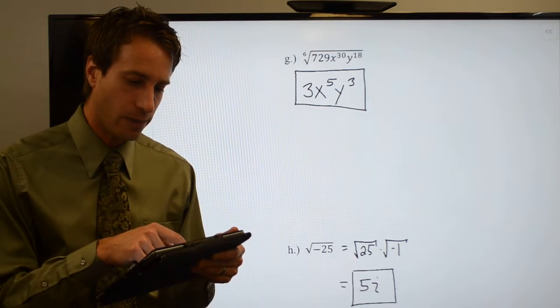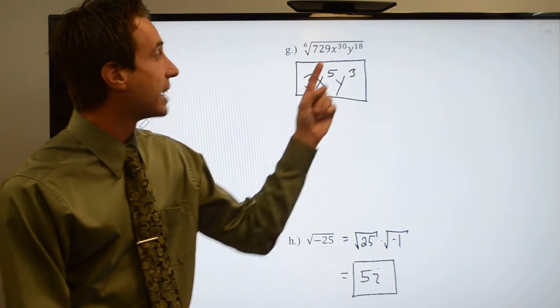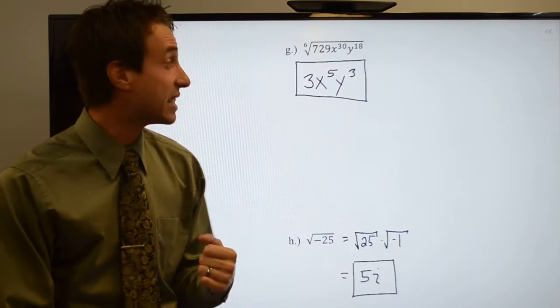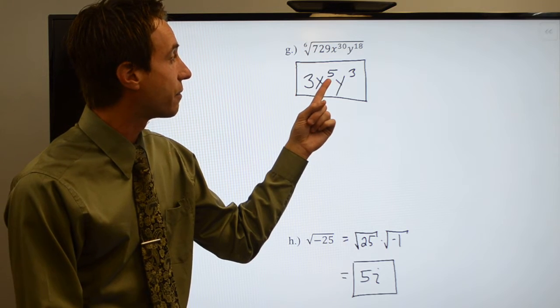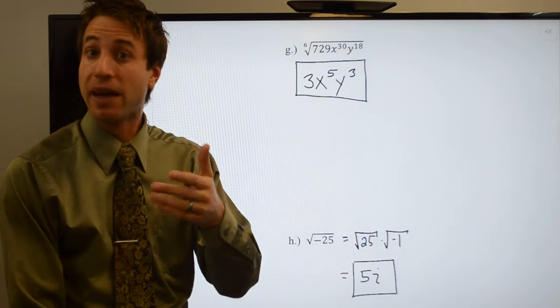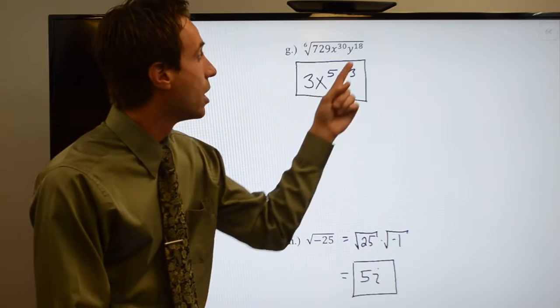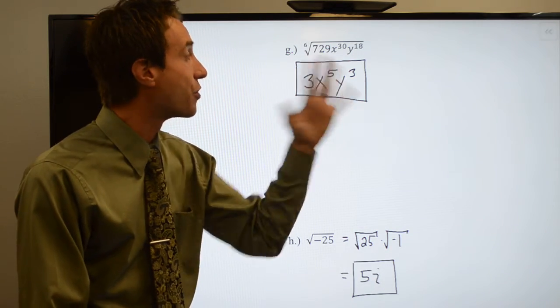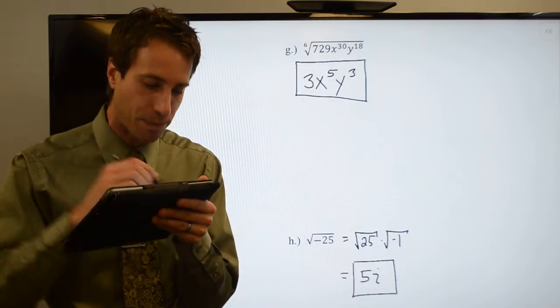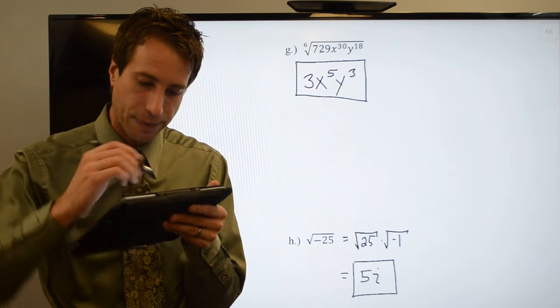The next one we did were these ones. I had x to the 30th, which is even. I wound up with an x to the 5th. That's odd. That's going to need to be an absolute value. 18, that's even. That's all right. So here's what I got. I'm going to need both of these in absolute value.